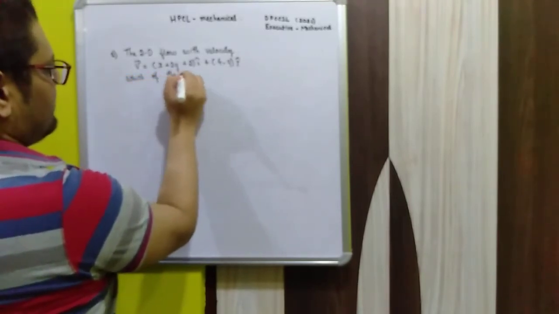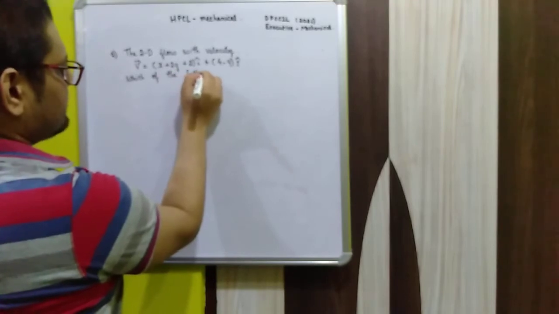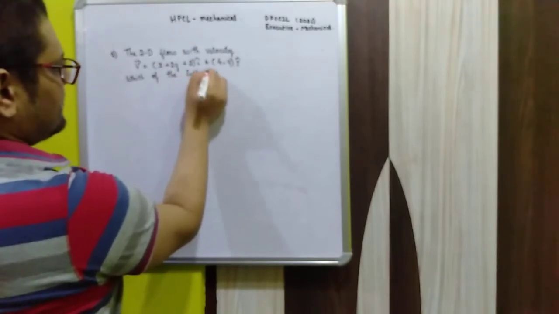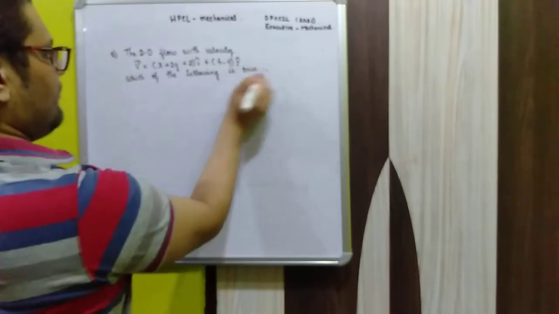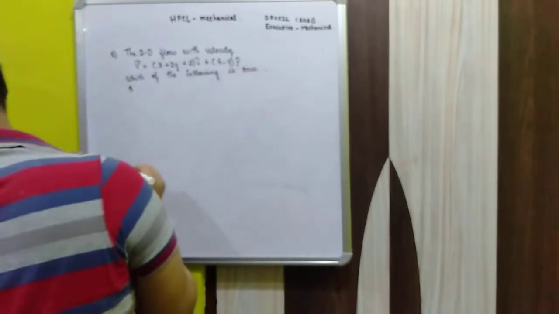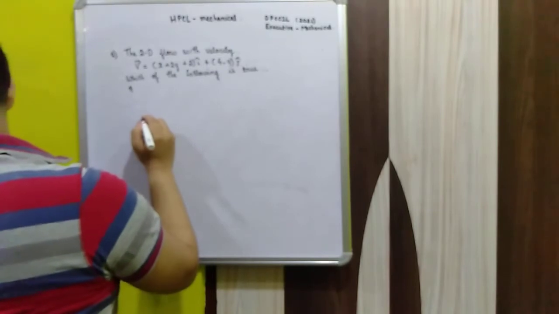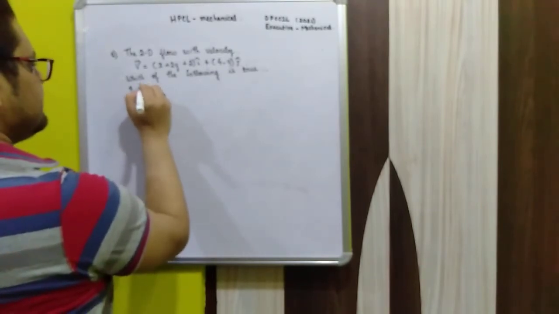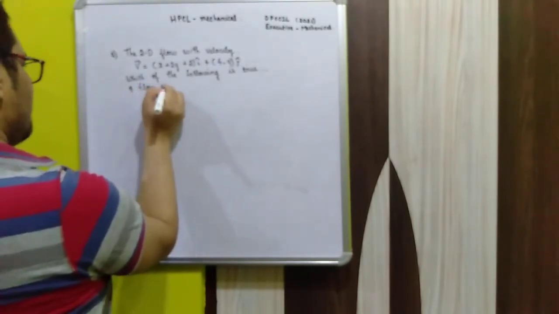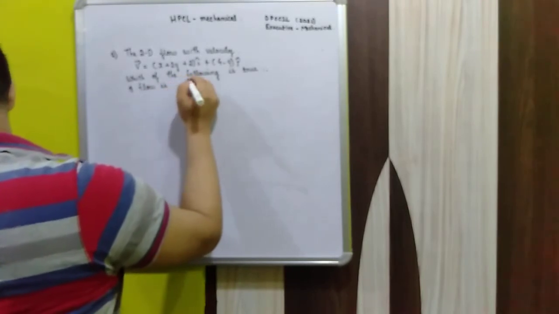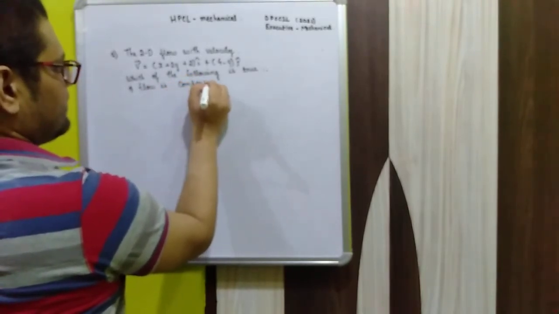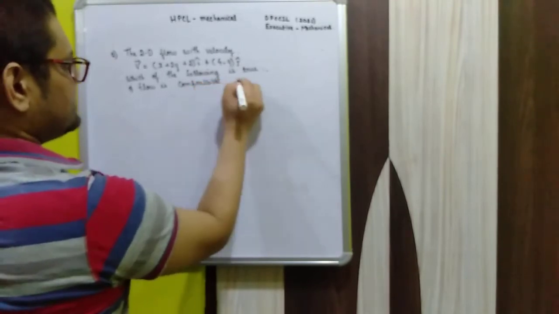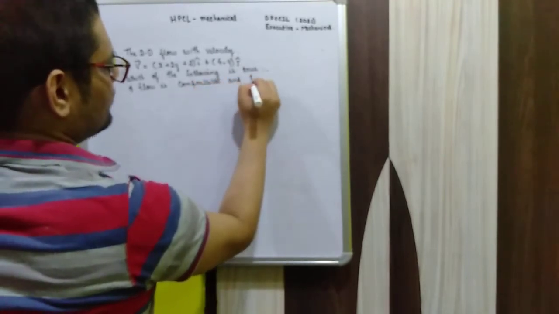Which of the following is true? So there are a couple of options. Option A is the flow is compressible and irrotational.